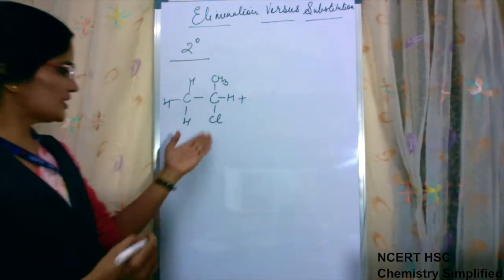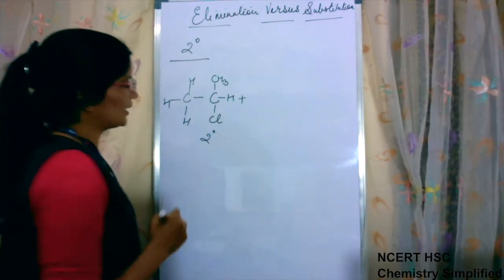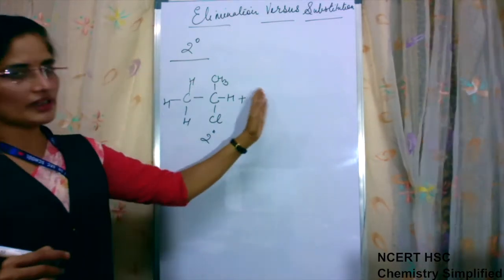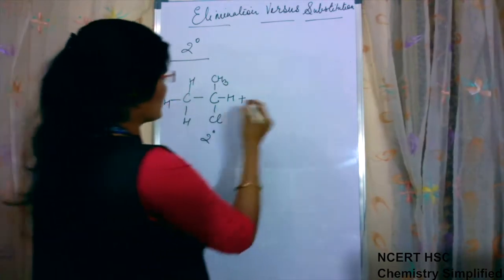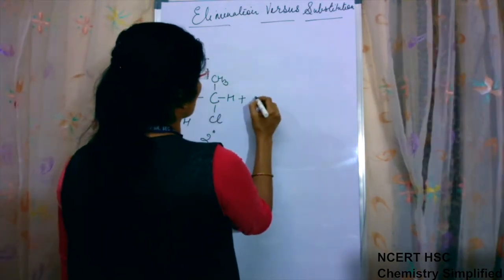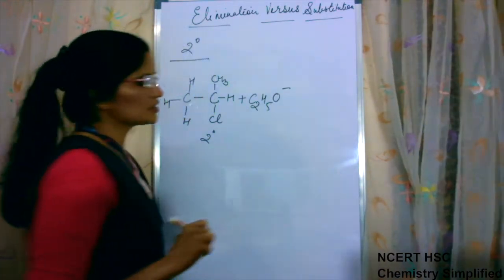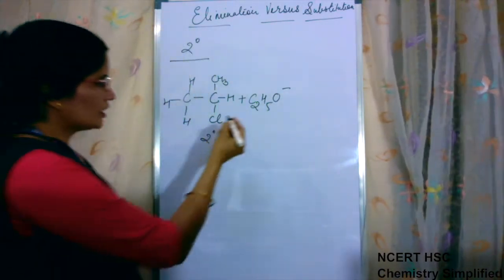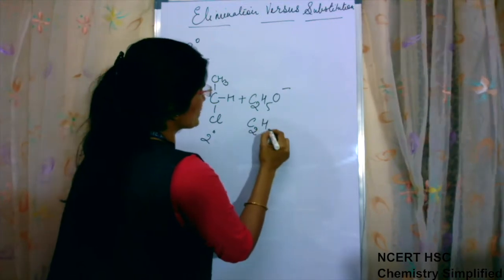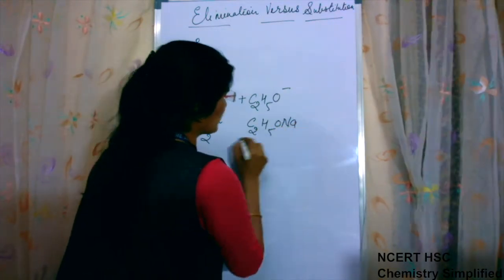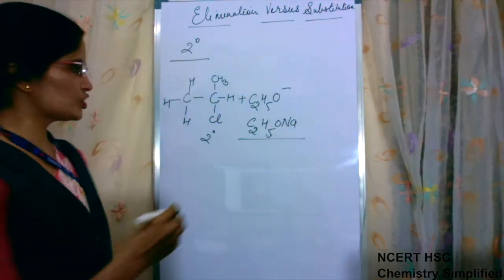Now, if it is a 2 degree alkyl halide, and the reagent used here is C2H5O negative, known as ethoxide ion, which will be obtained from C2H5ONa, sodium ethoxide, a strong base.